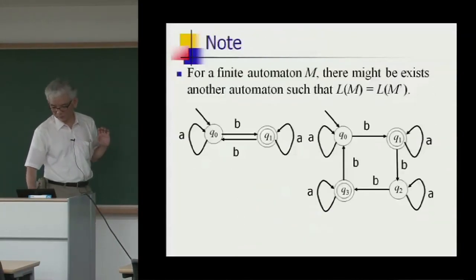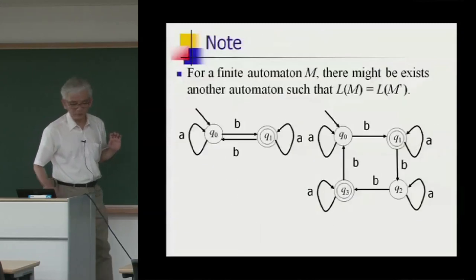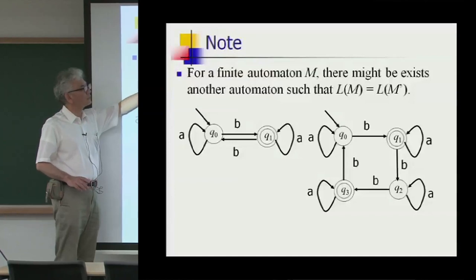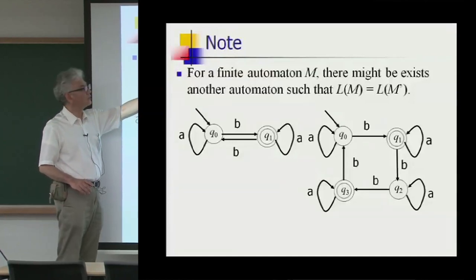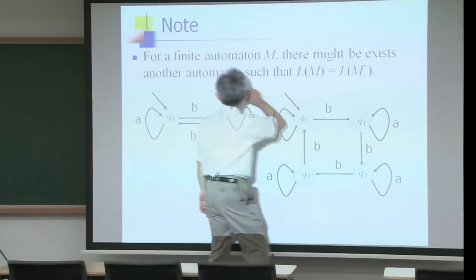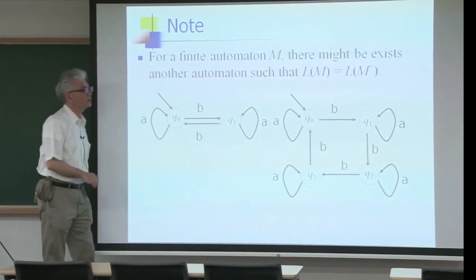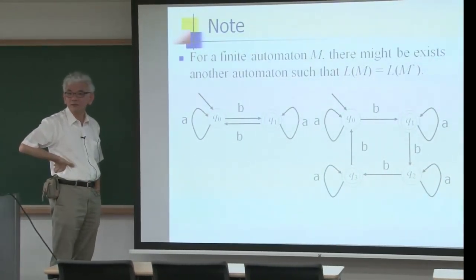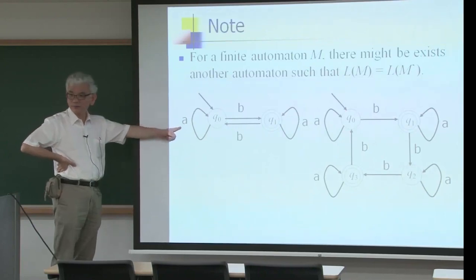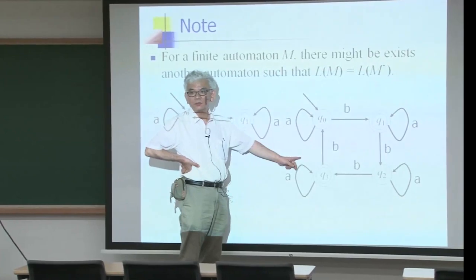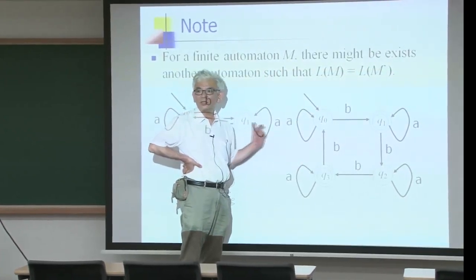Then at this moment, please note that for a finite state automaton M, there might be another automaton M prime such that L of M is equal to L of M prime. For example, this automaton also accepts the same language.